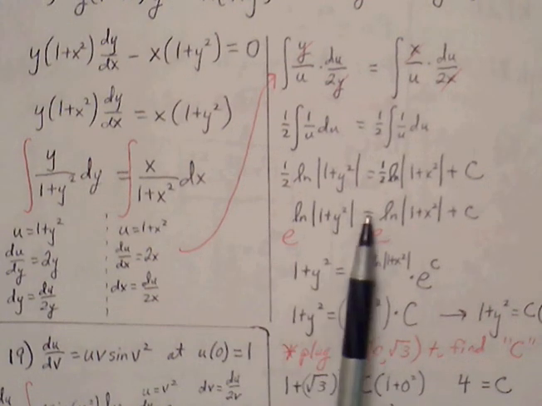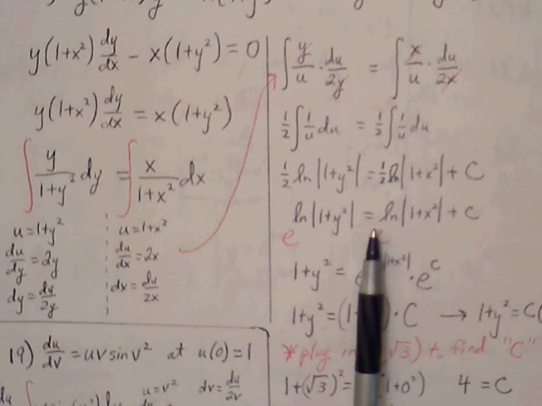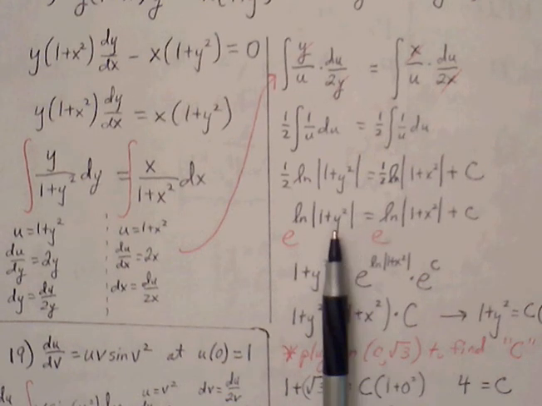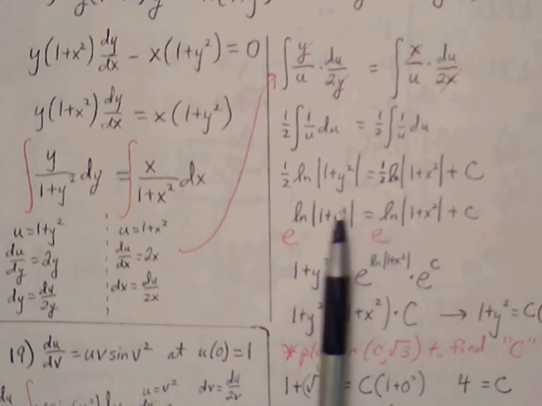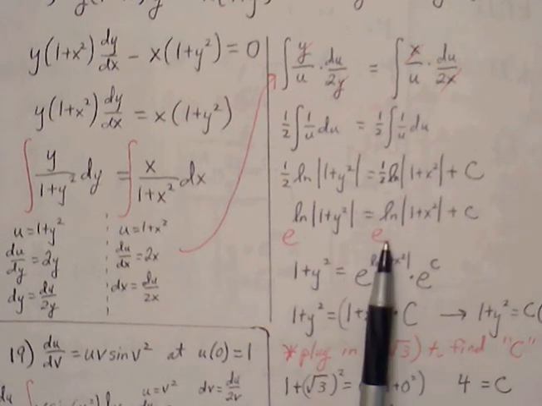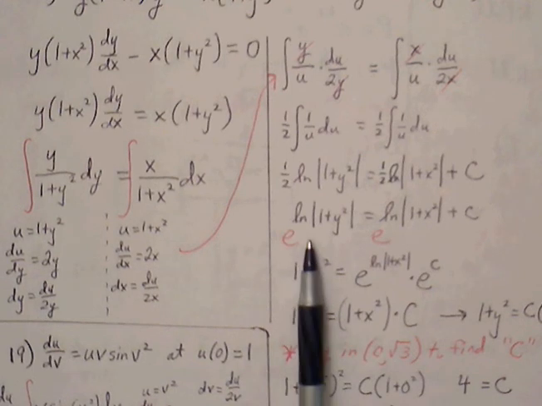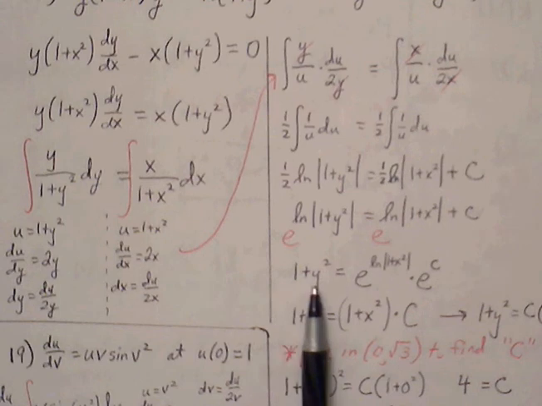So we have natural log of 1 plus y squared is equal to natural log of 1 plus x squared plus c. We want to solve for y. We want to get this expression out from under this natural log function. So we're going to exponentiate both sides. And the left side is going to be a clean drop, the natural log will drop to be 1 plus y squared.